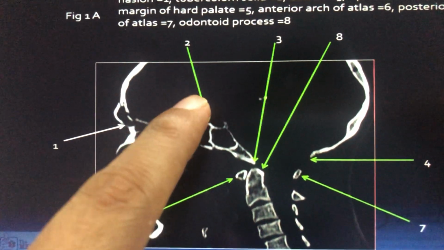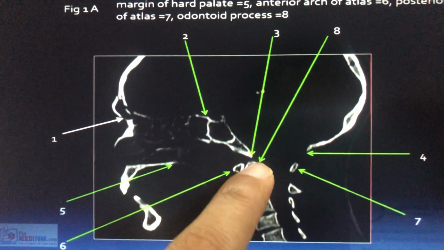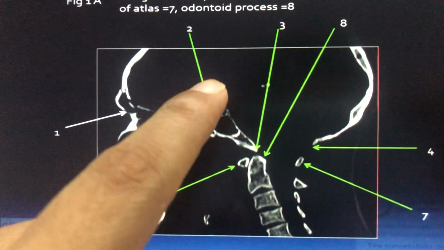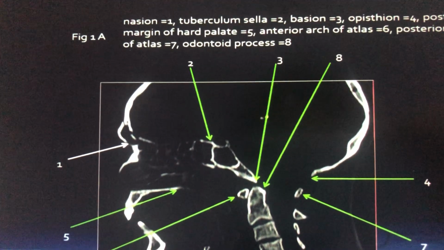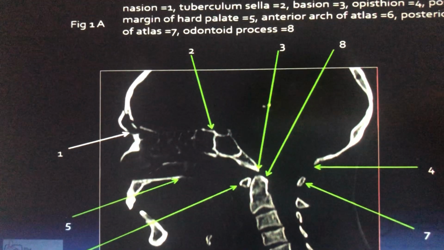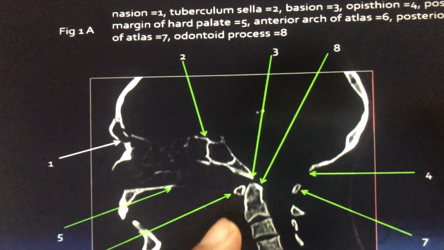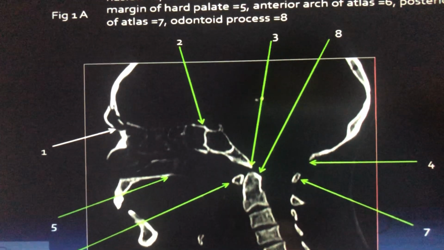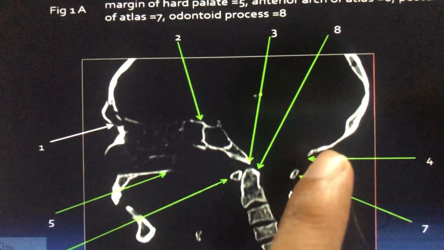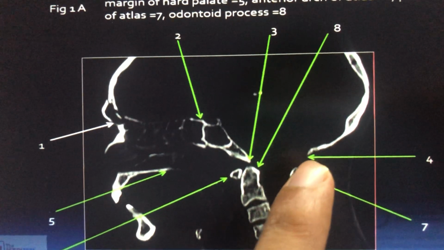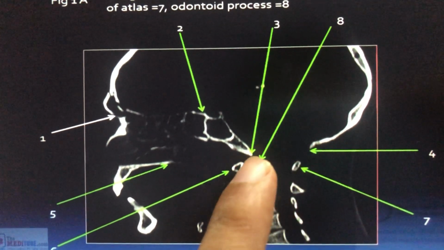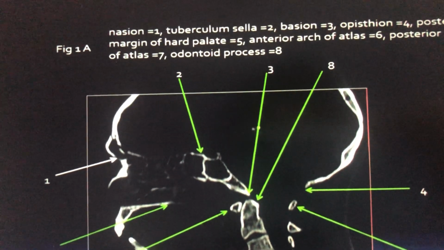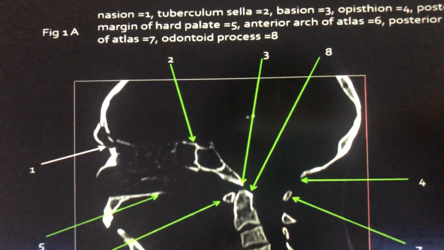Then this is the clivus, the V-shaped structure. That is the clivus, and at the tip of the clivus you can see the basion, and on the occiput corresponding to it, parallel to it, at the same level you can see the opisthion, which is marked as 4.